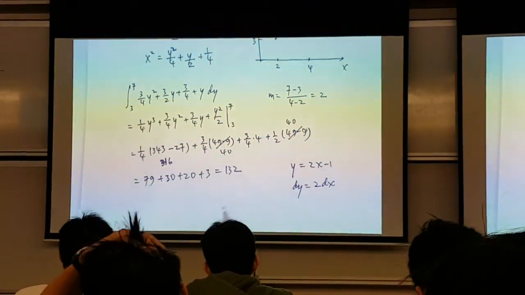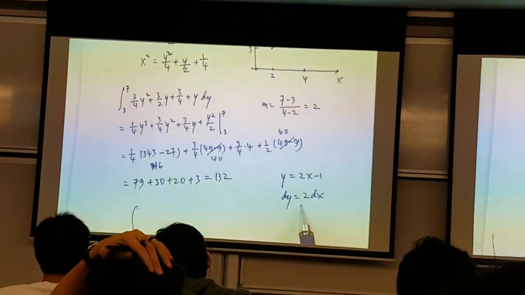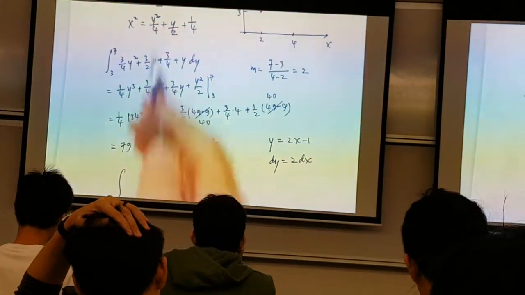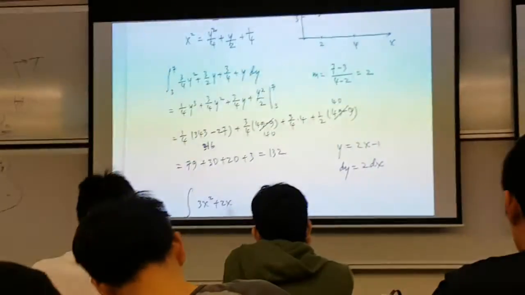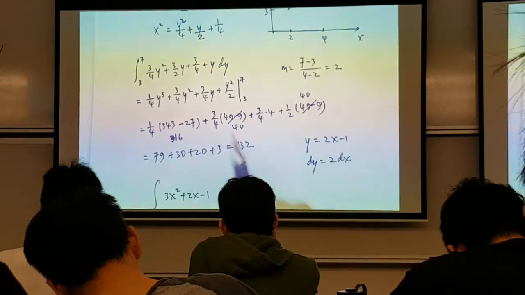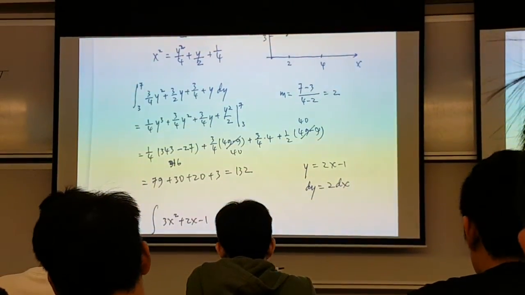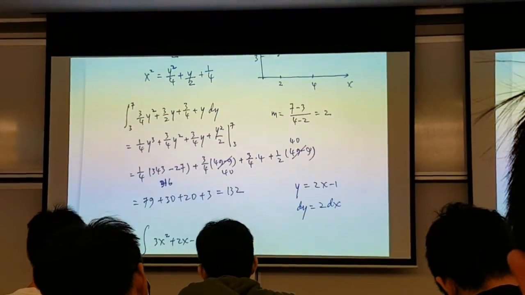So as a result, if we come back to this integration, dy is equal to 2 dx, and what is y? y in this case is quite straightforward: you have 3x squared plus 2x minus 1. And then dy, change it to 2 dx. So what happened here is you have a 2 and then dx.